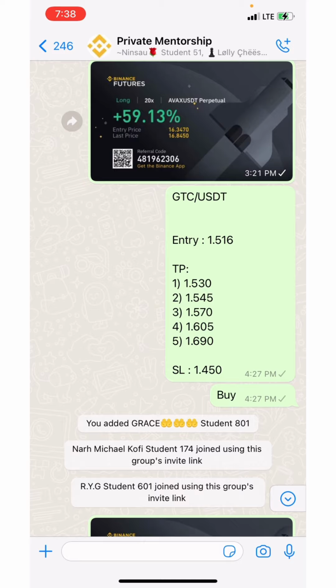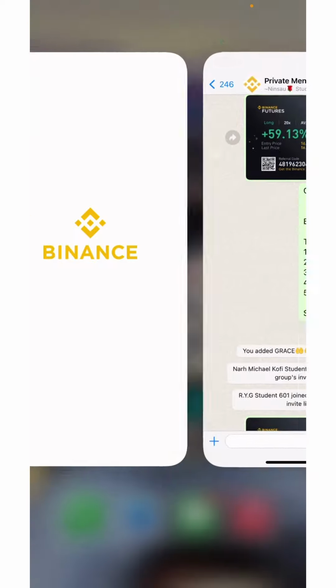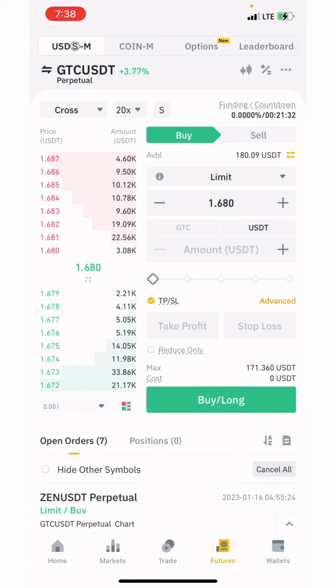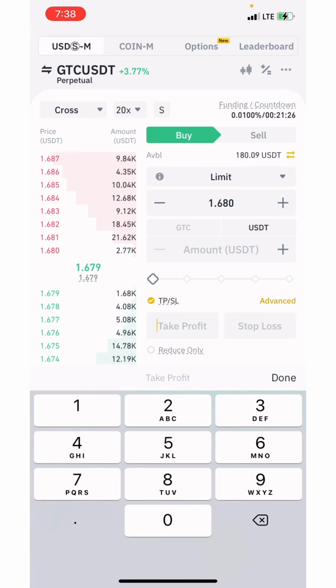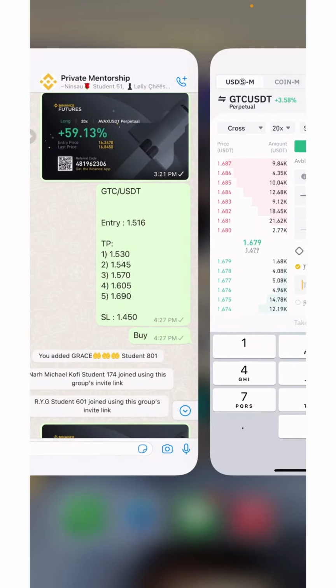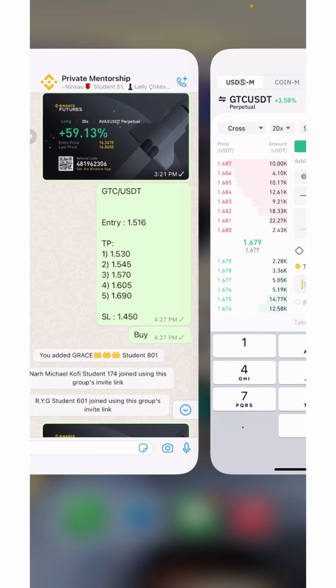TP stands for take profit. Just below the triangular button here, we have TP/SL. So the TP is this one. For me, I usually use the fourth TP, so we have 1.605.